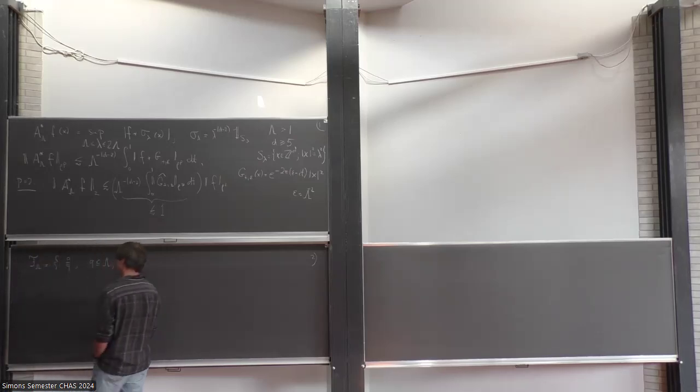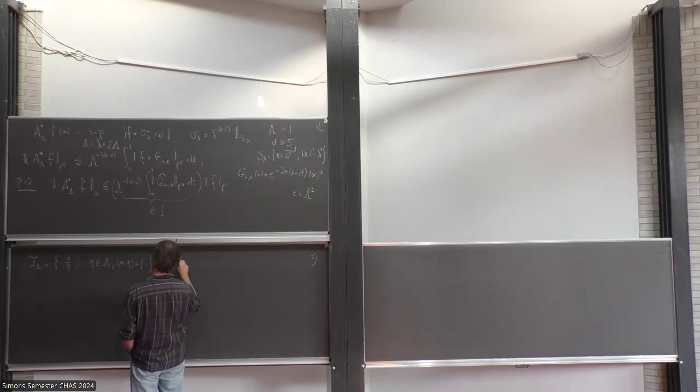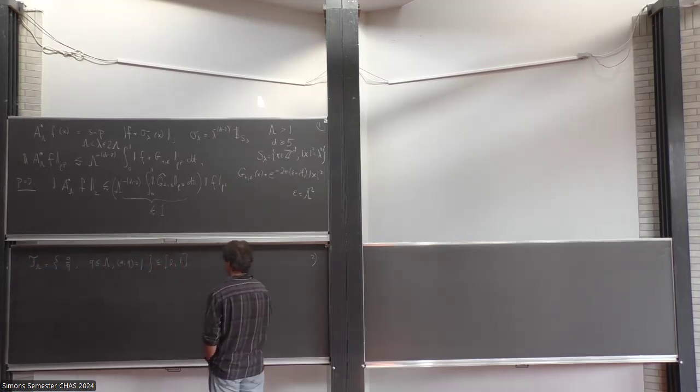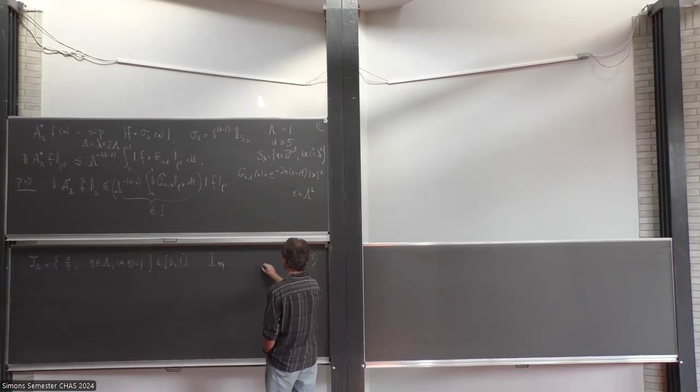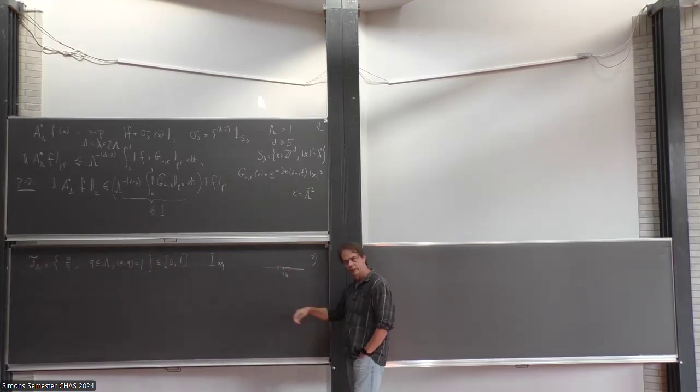Of course, a is less than or equal to q, because the points on the torus are around 0, 1. And basically we decompose accordingly the interval 0, 1, such that around any rational we choose the set of points which is closest to that rational.